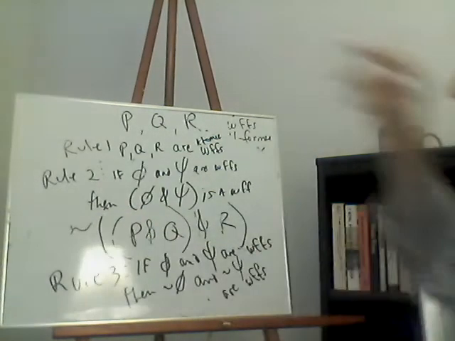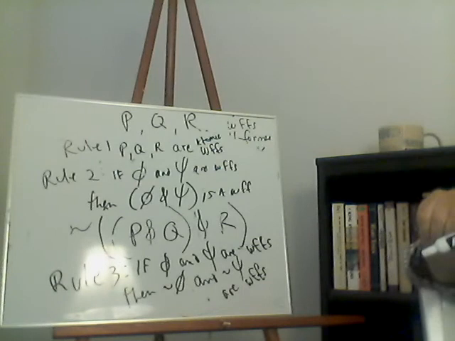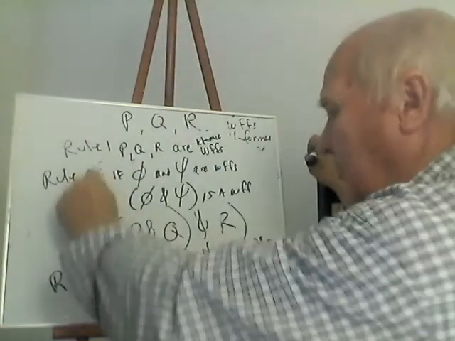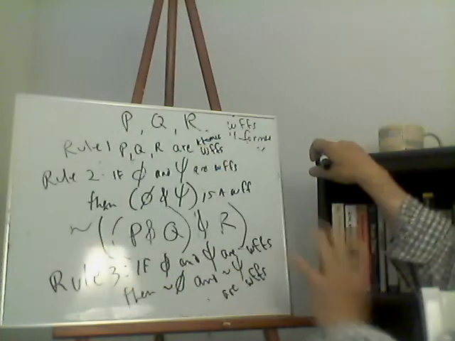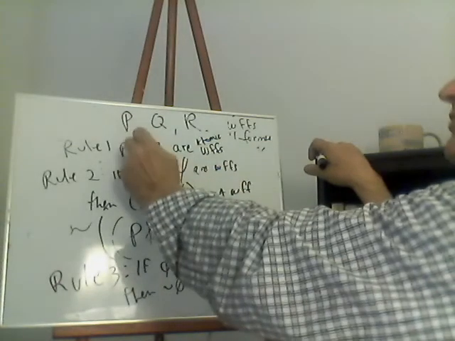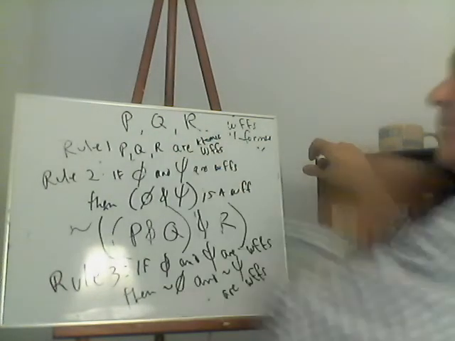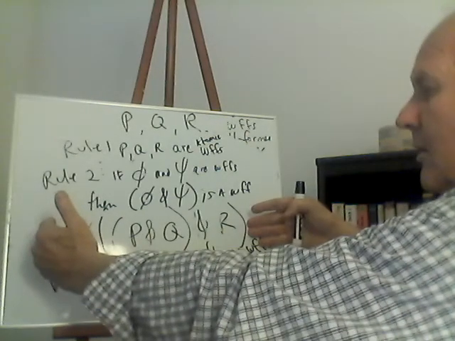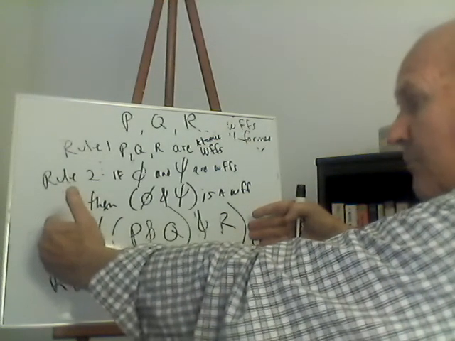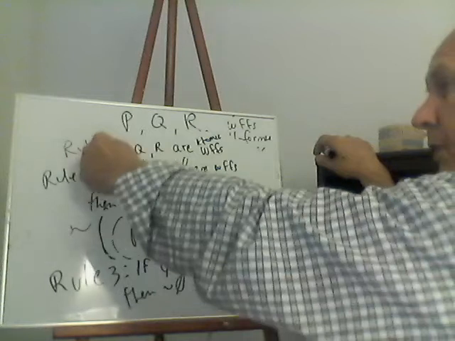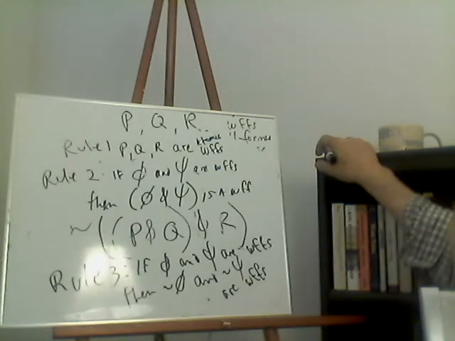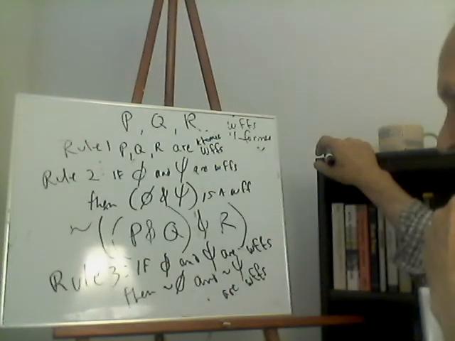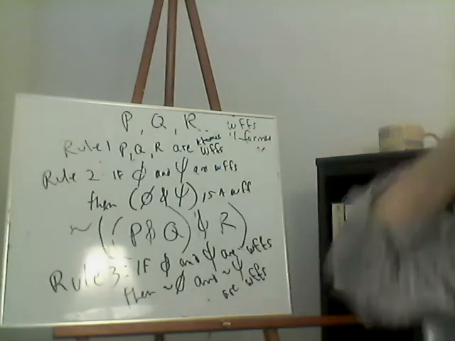So now that's a WFF. So far I've only used Rules 1, 2, and 3, and you can see that, beginning with these simple atomic formulas, we've created this long well-formed formula from just three rules. And in the next lecture, I'll introduce a couple more rules.